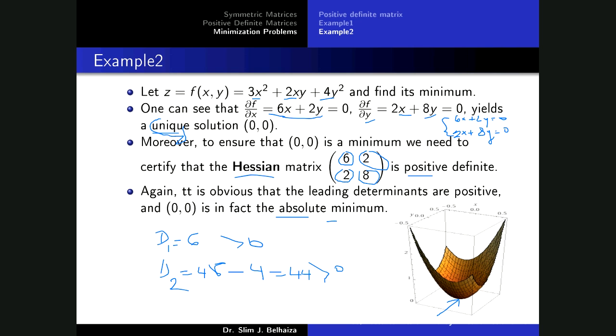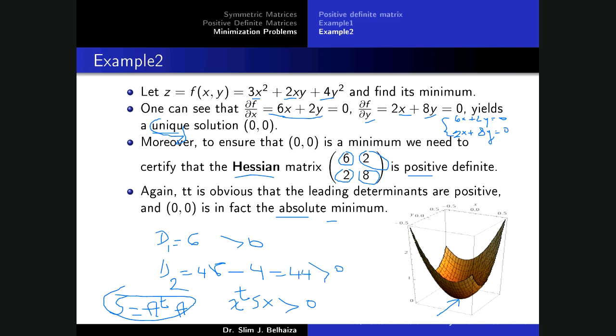Now, I have a question for you. Can I do the Cholesky factorization on this matrix? Can I write S as A transpose times A with linearly independent columns? Or can I use the energy test? The energy test says that x transpose times S times x is always positive.